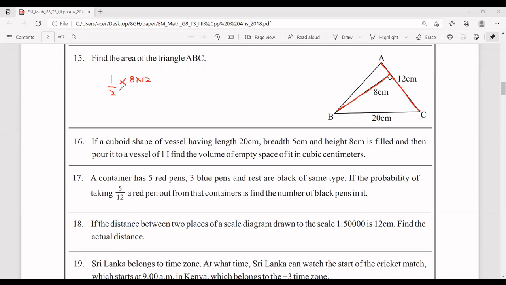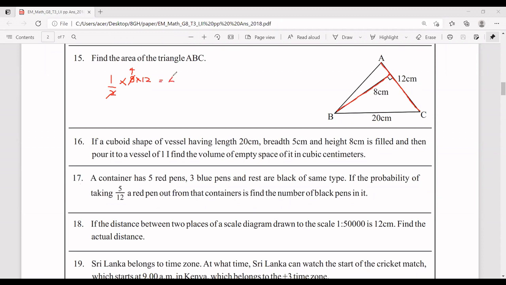You have to put 8 and 12 here, but don't get 22 here. Now you can cut this 2 with this 8. 2 into 4, 8. 4 into 12, what is the answer? 48 centimeter.